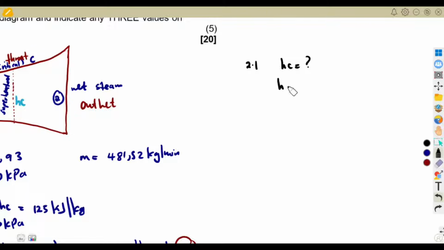So this HC is equal to the HS for the superheated steam, which is H sup. If we check from your formula sheet on page number 1, we've got the formula for H sup, which is given as Hg plus Cp into T sup minus Ts.